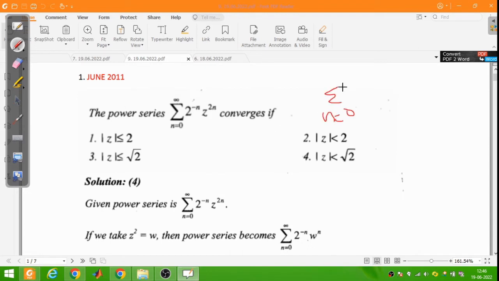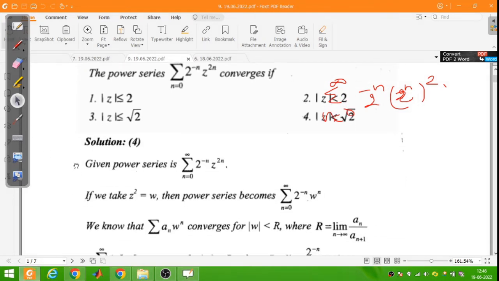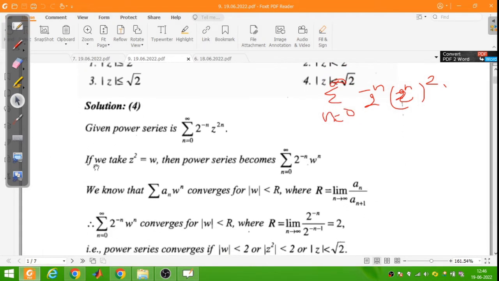Summation n equal to 0 to infinity 2 power minus n into z power n the whole square. So here the radius of convergence is 2. 2 for 2 is 4.